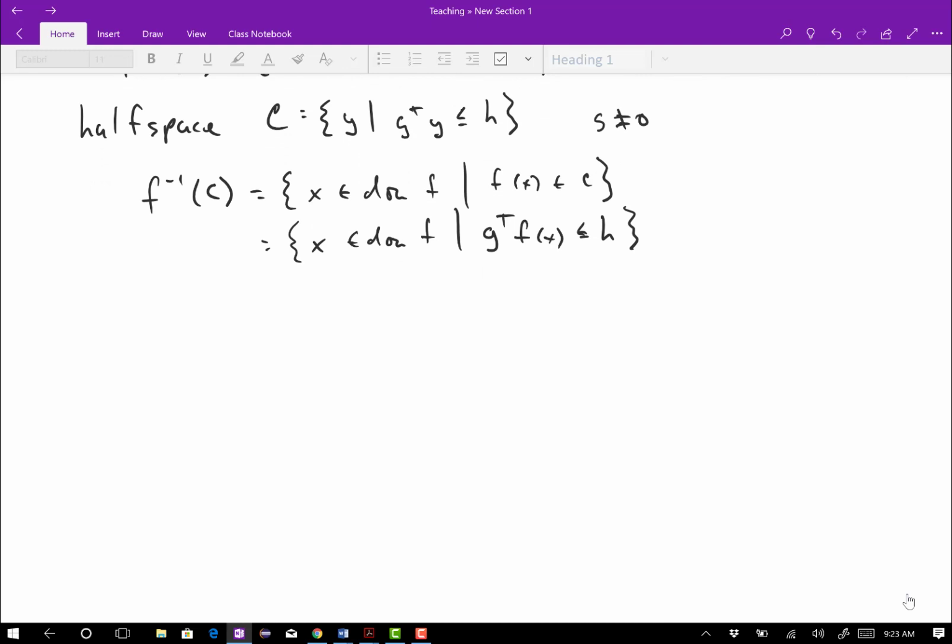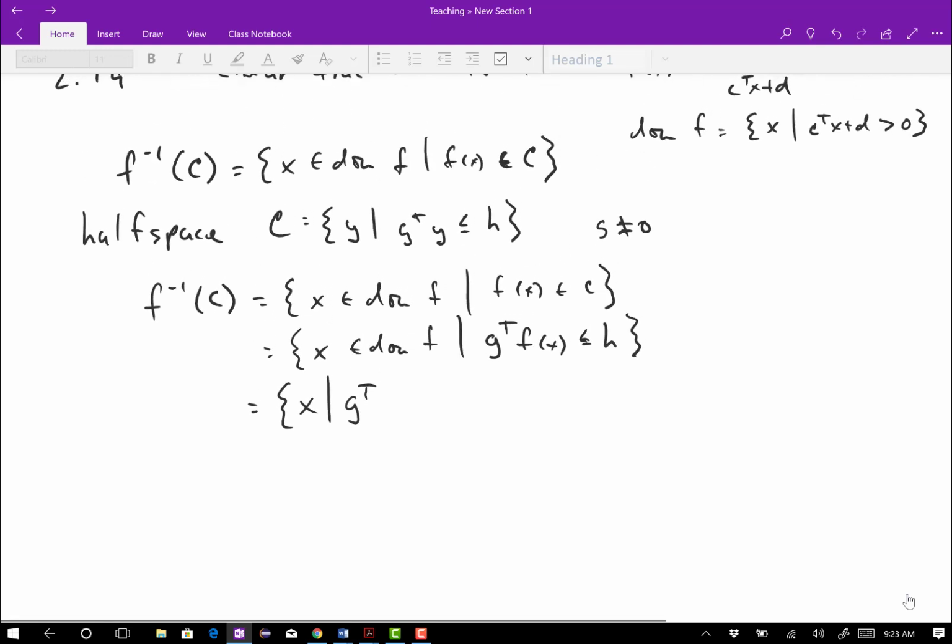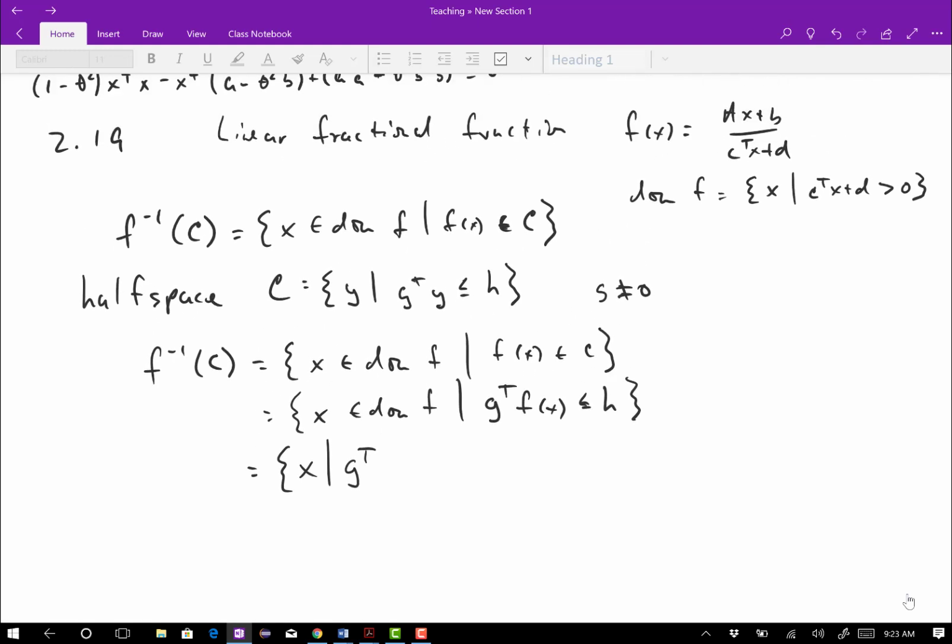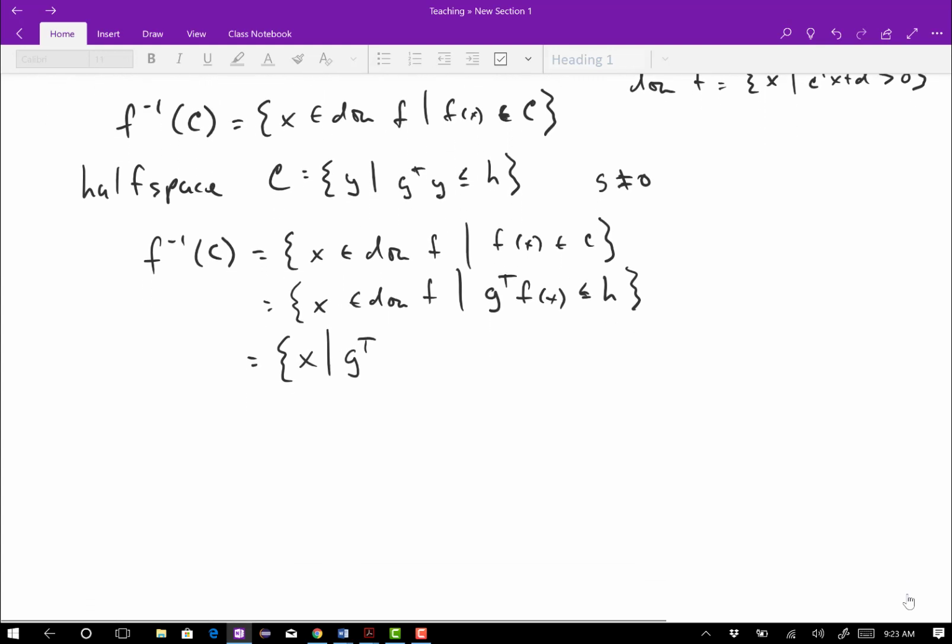So this is going to be equal to, so I'm going to plug in now the linear fractional function itself. So it's going to be x such that, so here's G transpose f of x, but we've defined f of x here, so let's write that in.